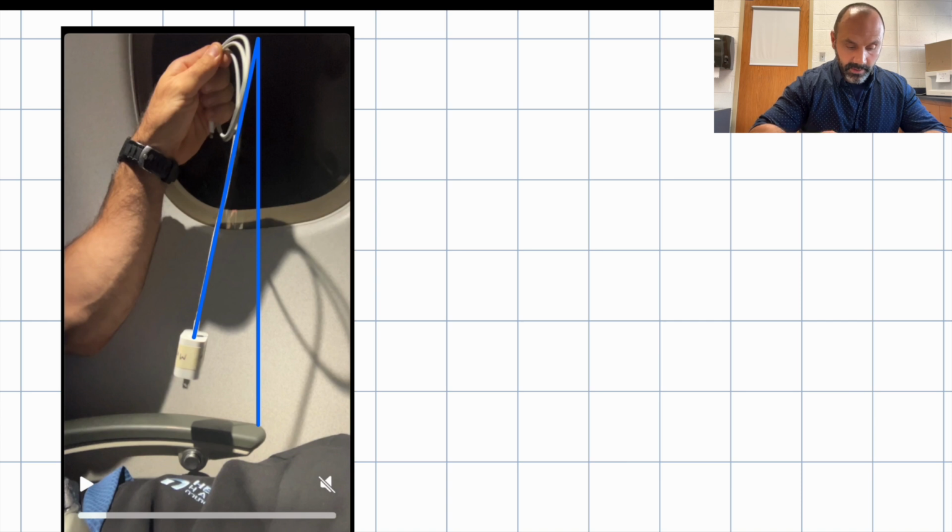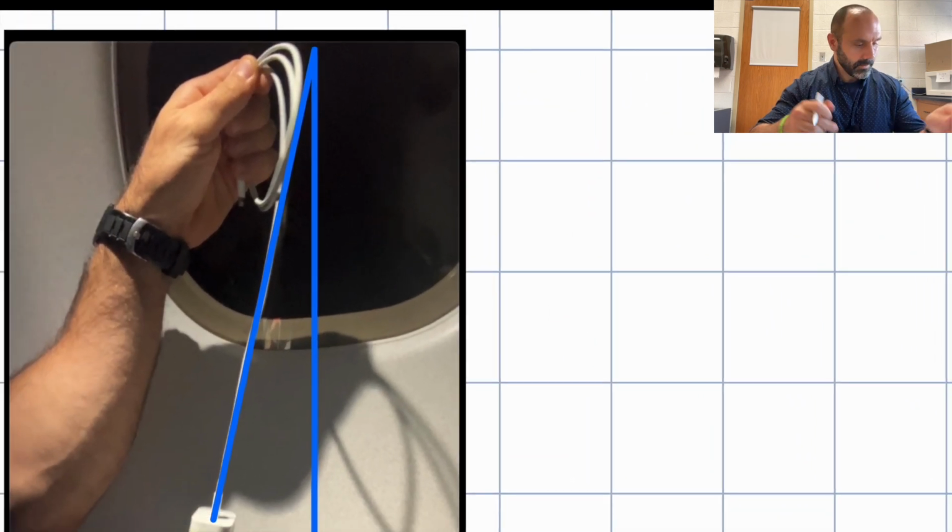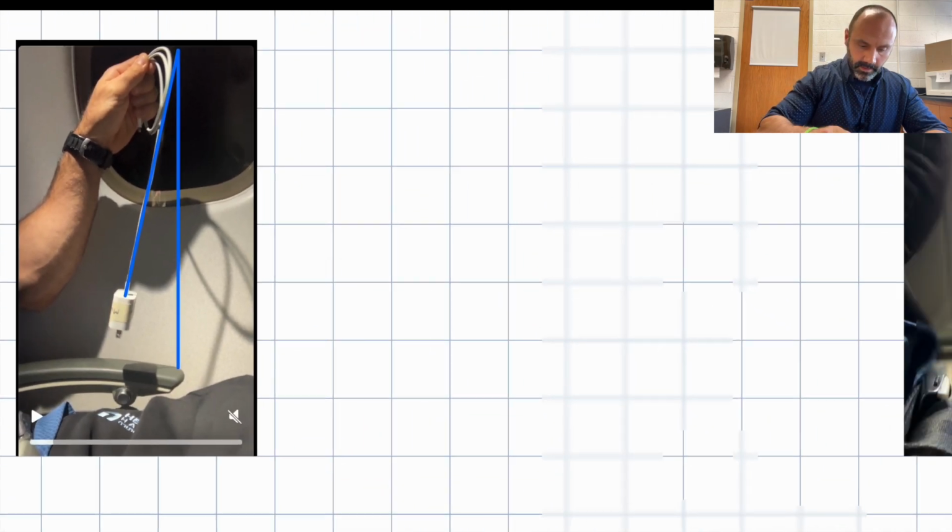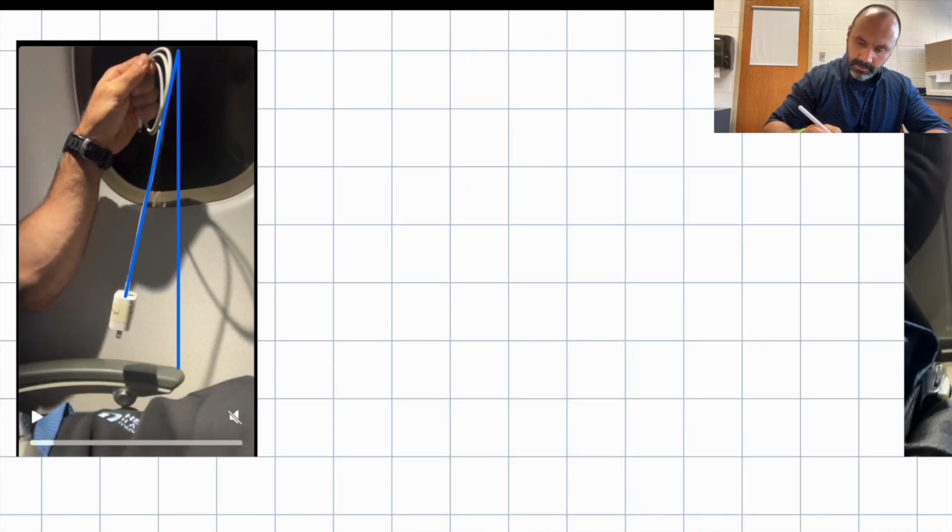And I'm going to measure what is the angle here. Okay, so I've got my protractor. I'll line this up. And it's looking to me like it's about 13 degrees.